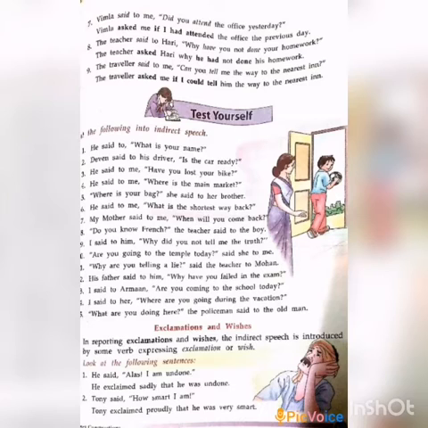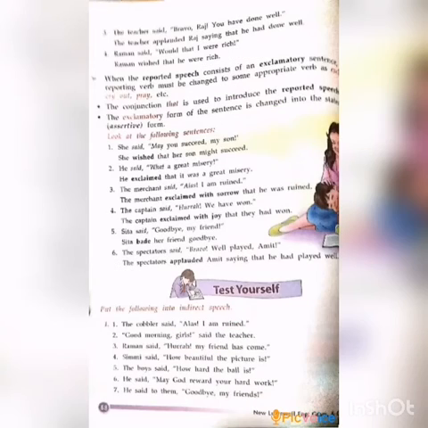And second one: Tony said, "How smart I am!" Here, Tony exclaimed proudly that he was very smart. So, according to the reporting verb, we just add an additional word expressing the exclamation or wish with the reporting verb. Page number 68, third one.